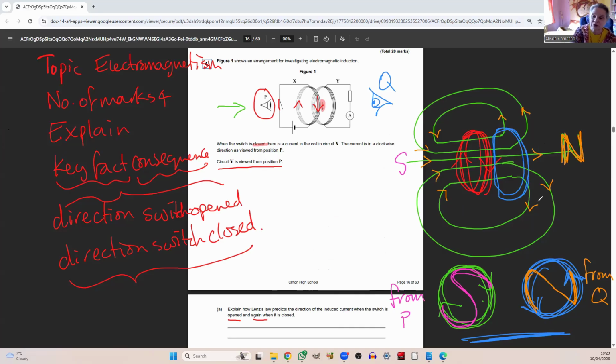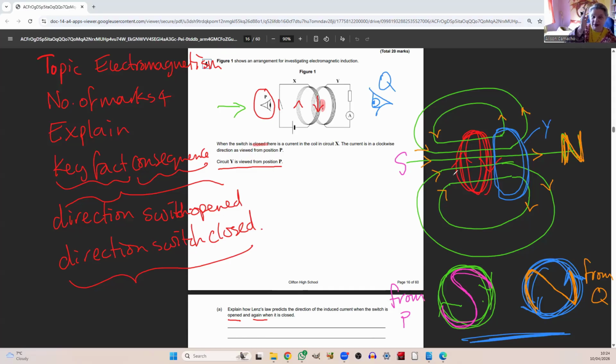Now, when the switch has been on for some time, the magnetic field is established. Is the flux density through the Y coil, this blue one, changing?